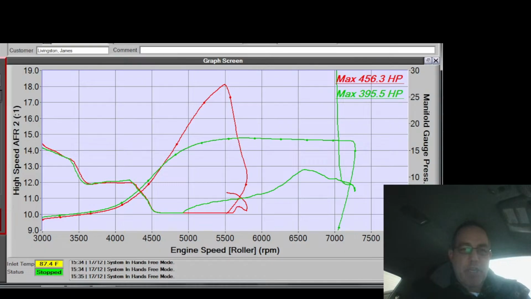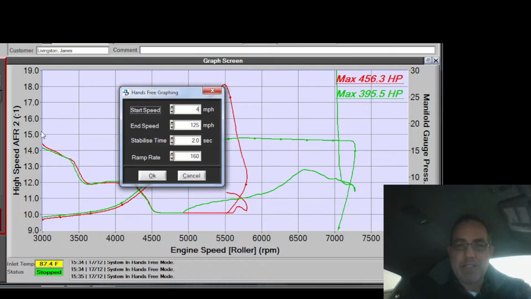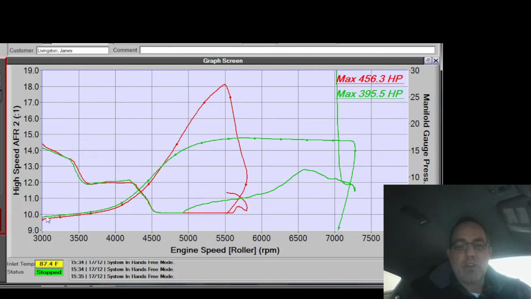I need to raise the speed of the start, though, because of the way this dyno works, which is actually the biggest flaw of this dyno. It loads the car, applies a base loading, and then tries to control the ramp rate from there. When the boost hits, it doesn't anticipate the load the engine's going to make as the boost comes in, so it doesn't control the ramp rate well enough. It's really weird.